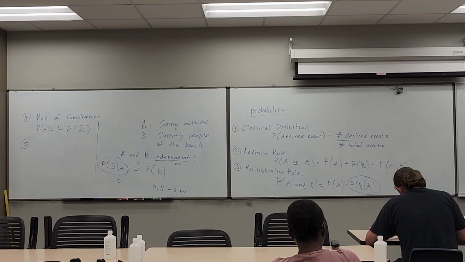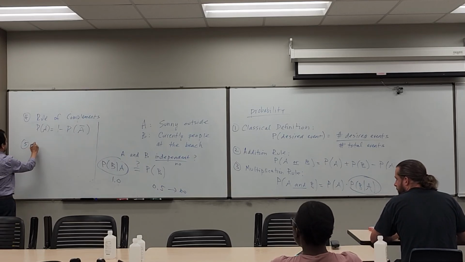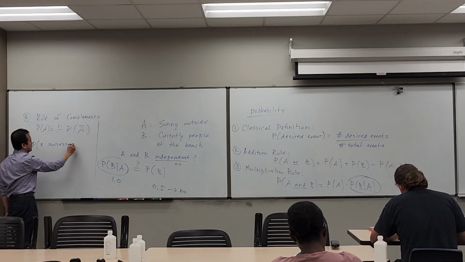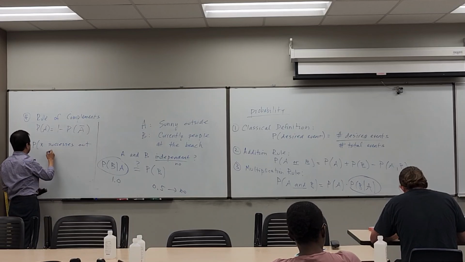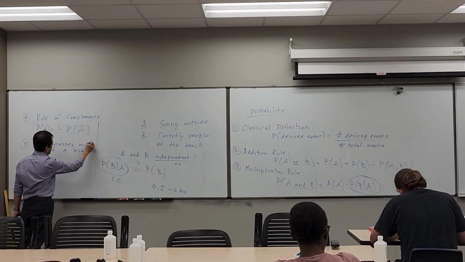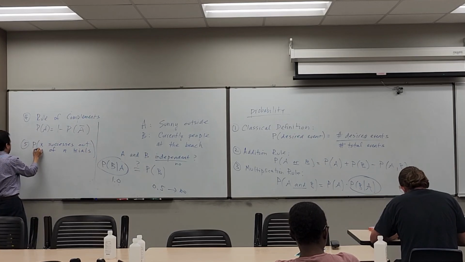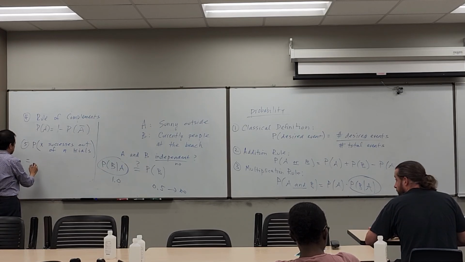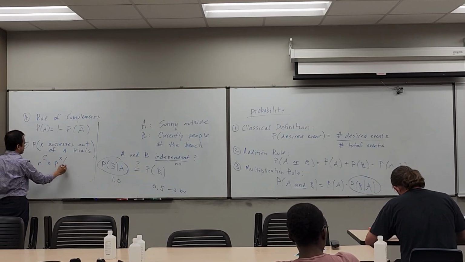Another probability rule we talked about was binomial probability, where we have a probability of X successes out of N trials. This would be that formula we talked about.